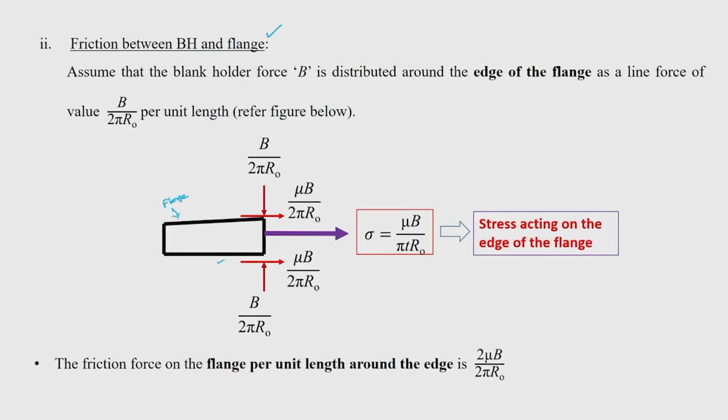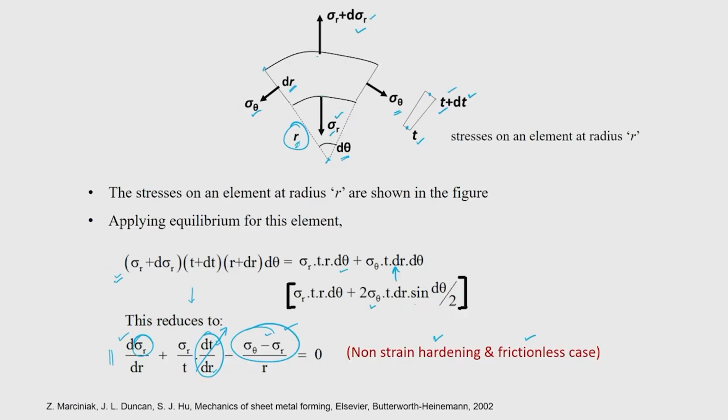Now, though in this analysis we have taken T equal to T naught, so that there is no change in thickness, originally in the schematic we also showed that there is some change in the thickness at the edge.